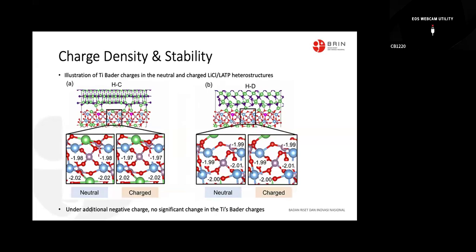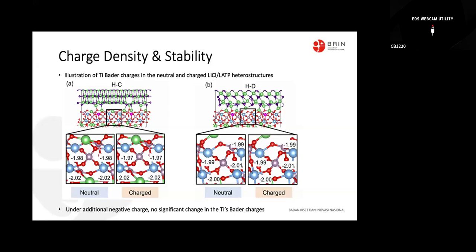And then we further examine the redox stability of titanium in the LATP when protected by lithium chloride using Bader charge analysis. This method allows us to detect changes in the oxidation state of specific atoms, in this case, titanium. So we found no significant change in the Bader charge of titanium.